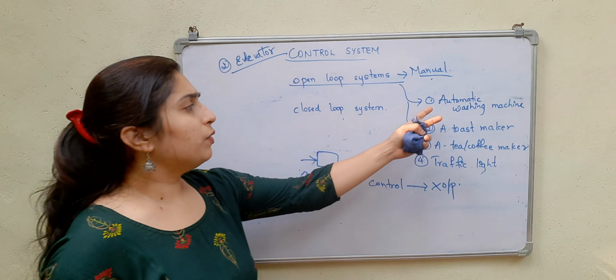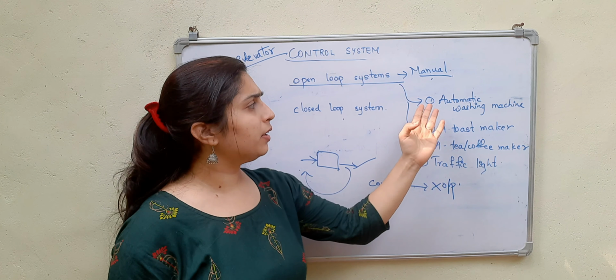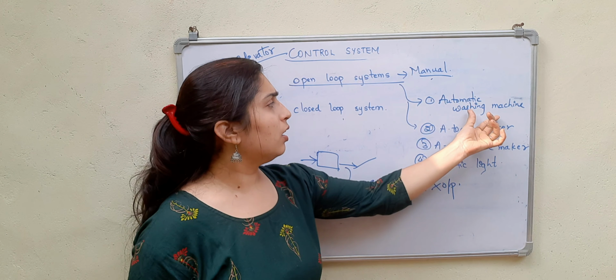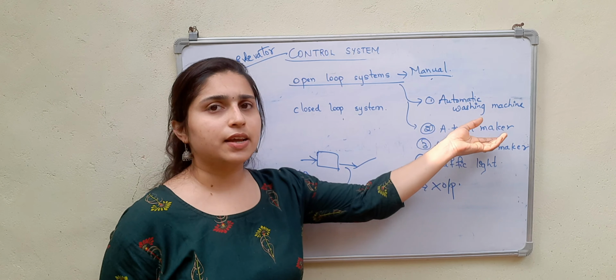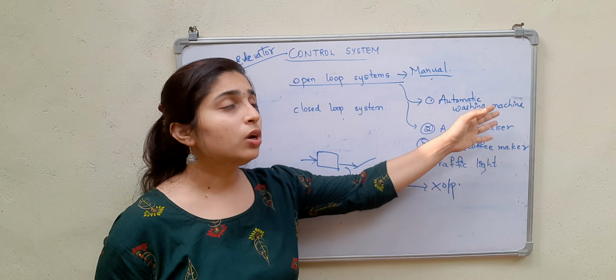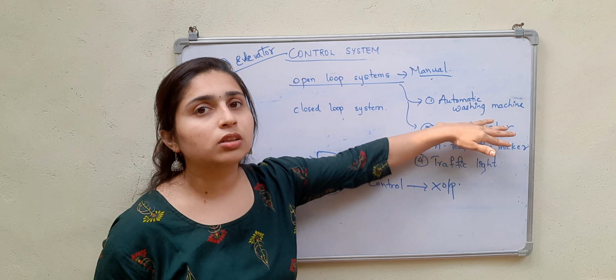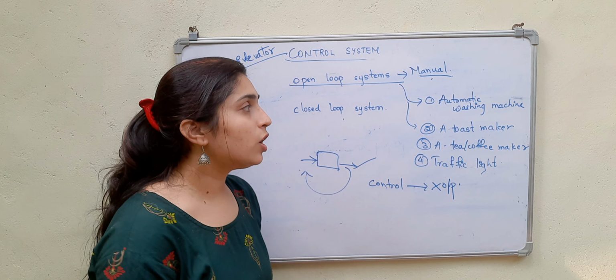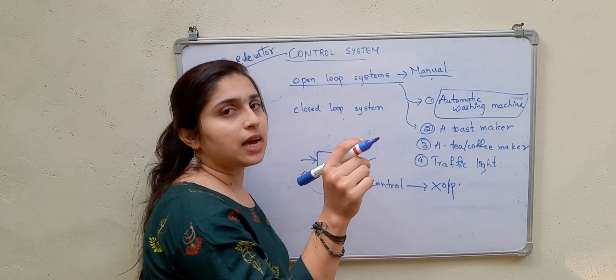You might think an automatic washing machine is a closed loop system because you just switch it on and everything is done by the machine. But no, this falls under the category of open loop systems, because it works only for a preset time period.